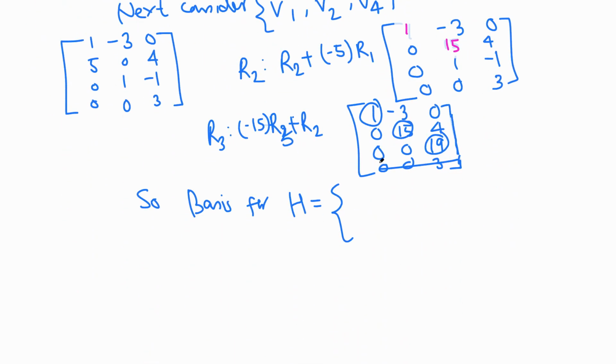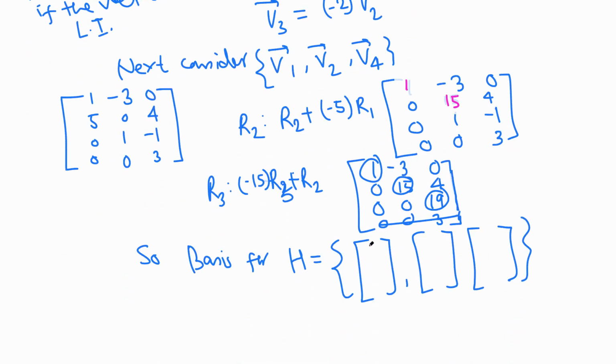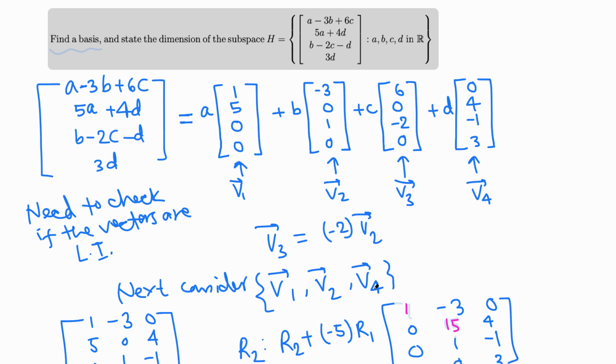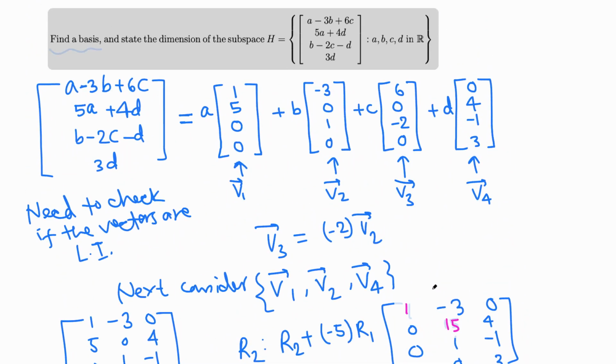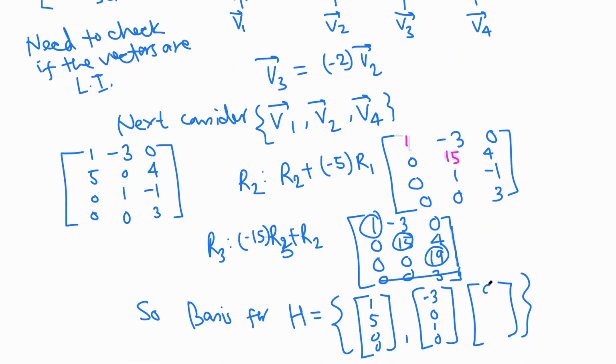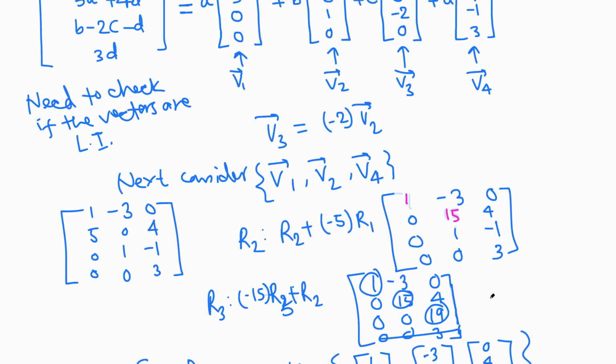Here v1 is 1, 5, 0, 0, v2 is negative 3, 0, 1, 0, and v4 is 0, 4, negative 1, 3.